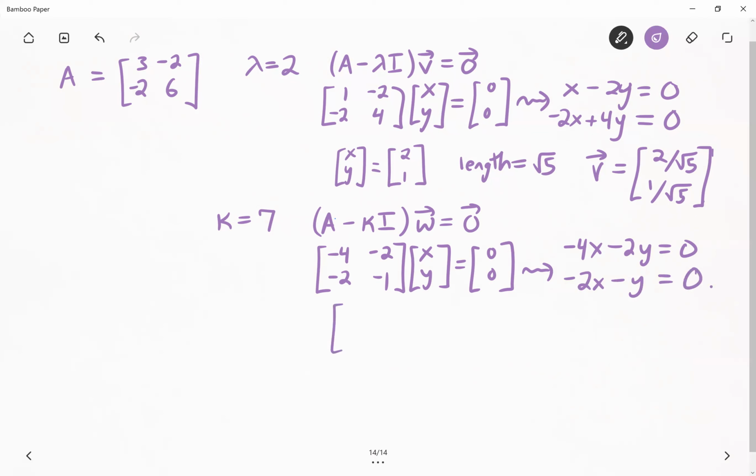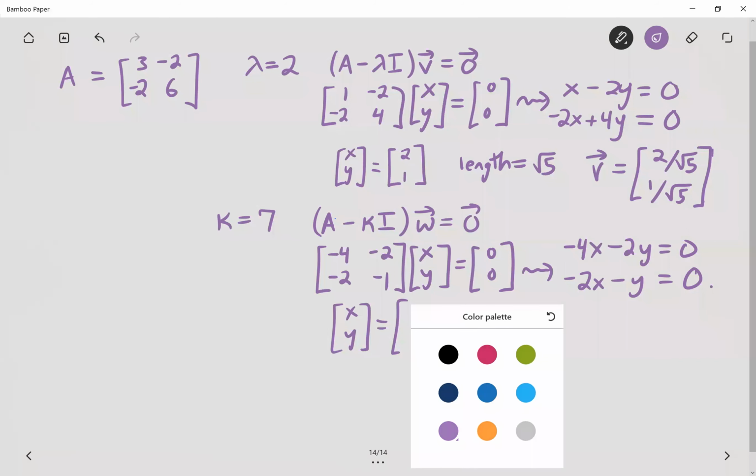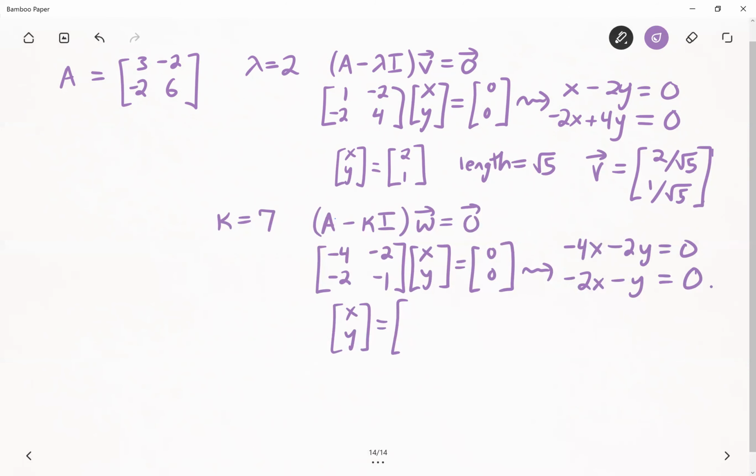So I'd like to choose a solution for x, y, let's see, simple numbers here. What about -1 and 2? That'll work. And then, again, the length.